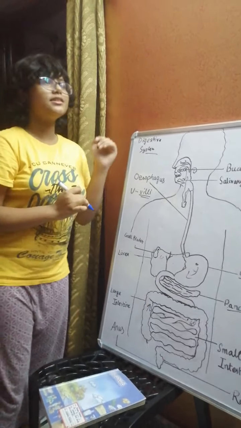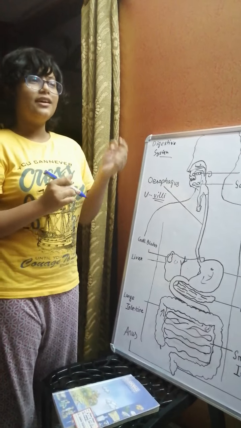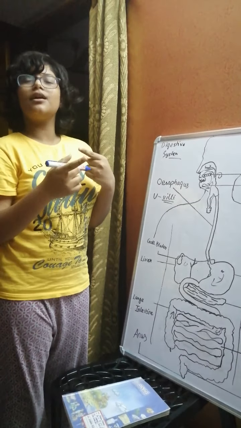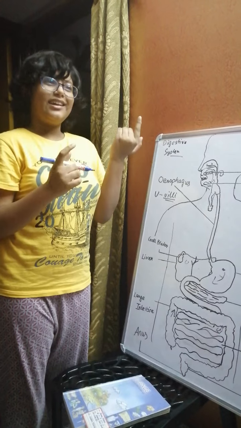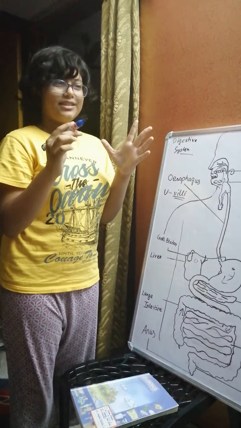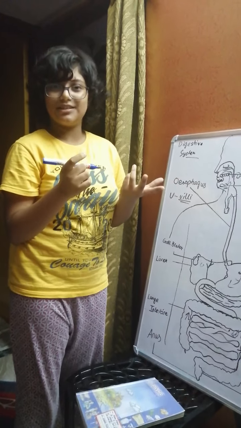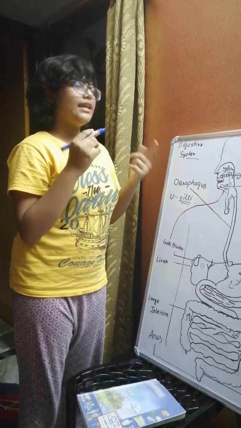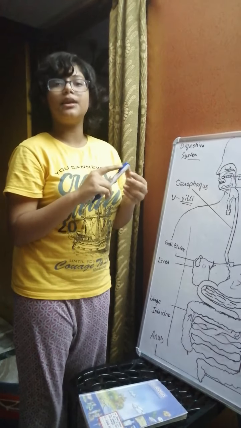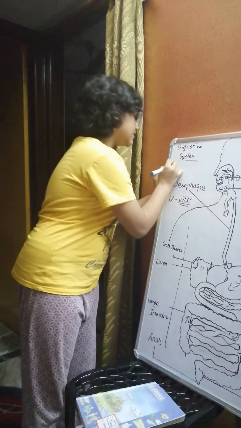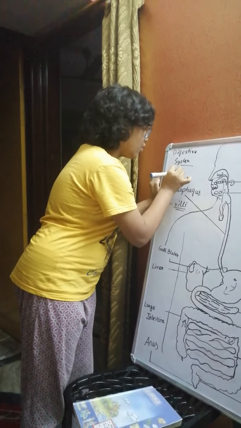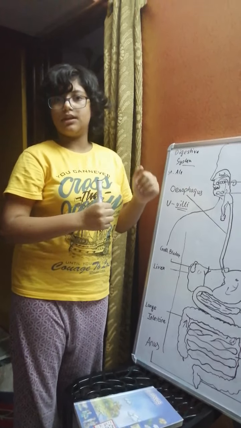I must tell you a very strange fact. The working of the stomach was discovered by a very strange accident. In 1822, an army man named Alexis St. Martin was shot in his abdomen, in his stomach.